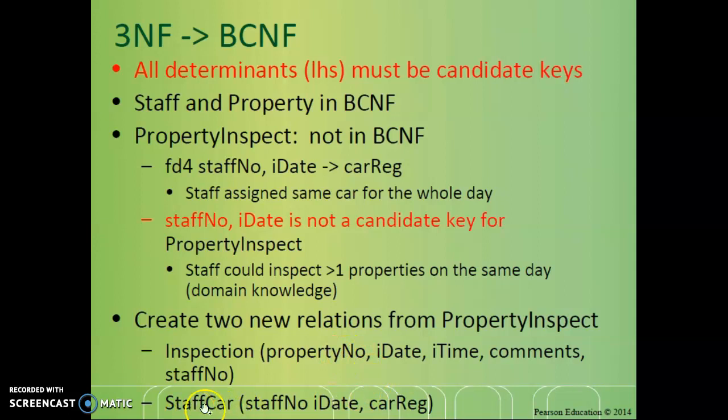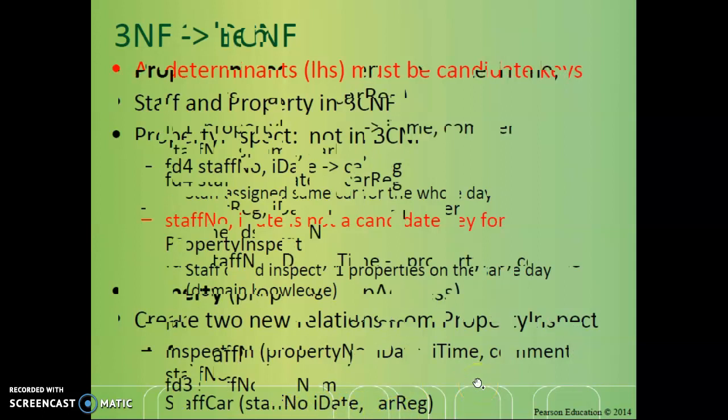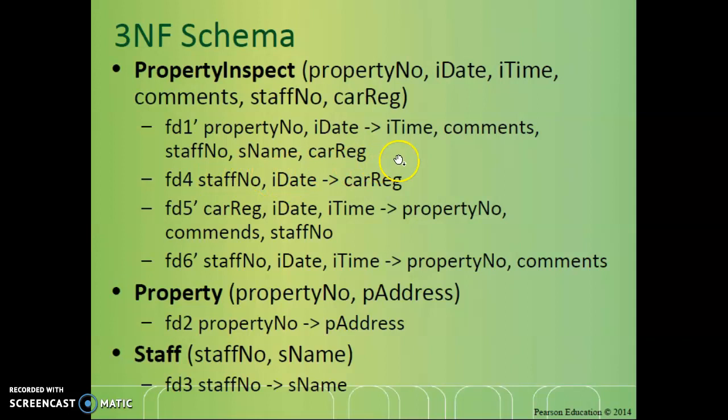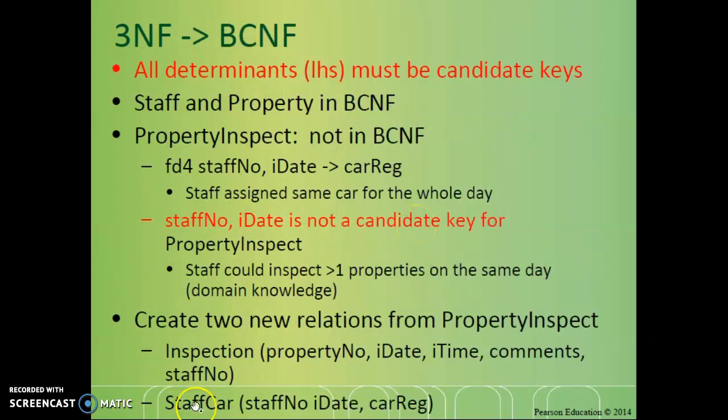Staff car is the table which contains staff number, IDate, car registration. Wherever we identified that a determinant is not a candidate key, we separated those attributes as a separate table and named it staff car.